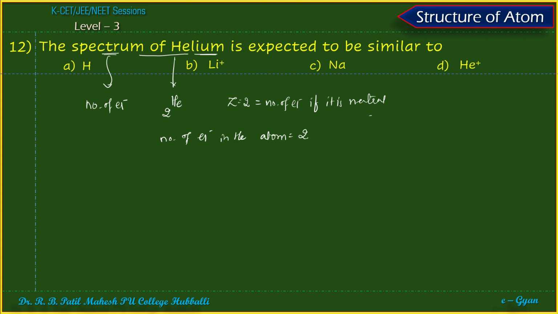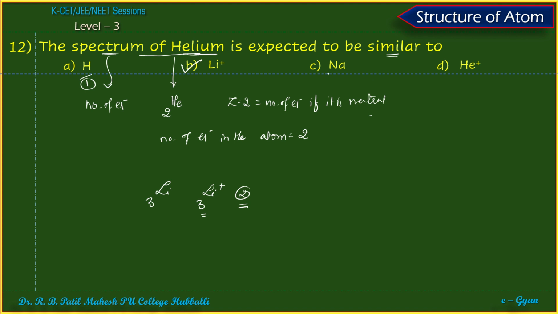Which of the following options has 2 electrons? Hydrogen has only 1 electron. Lithium, if neutral, has 3 electrons. If you remove 1 electron, it becomes Li plus, and the number of electrons is 2 while the atomic number 3 remains as it is. So Li plus has 2 electrons, which gives a similar type of spectrum as expected for helium.